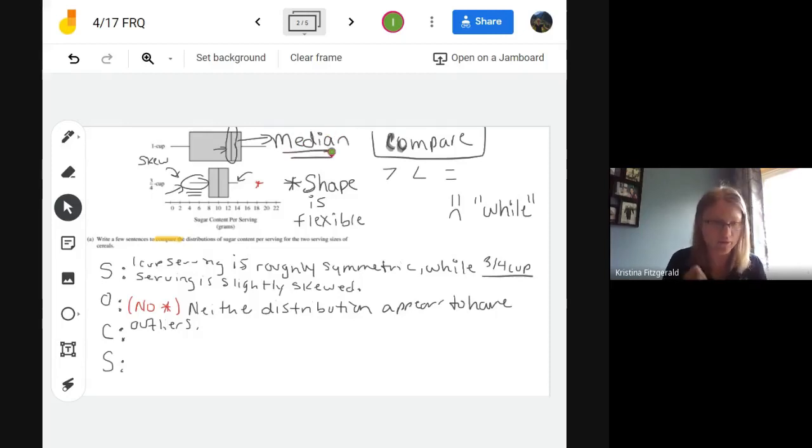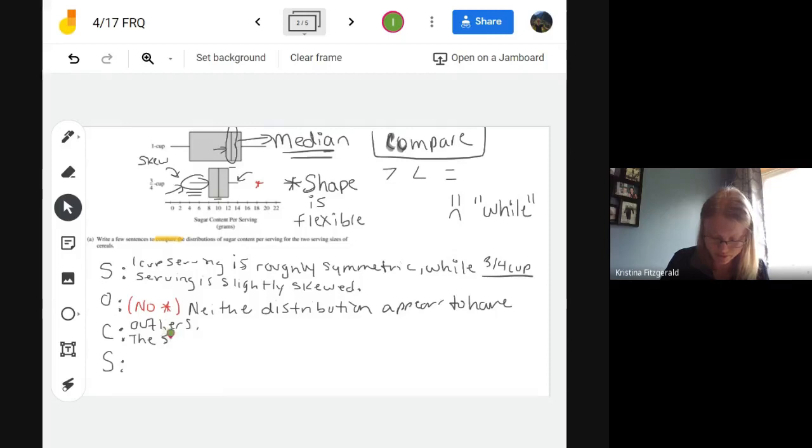Do not use the word mean, because mean is an average and I don't have all my data points here to know if I have an average. That's not a thing. So we just have to compare the two. We can see by the lines that the 1 cup serving sugar content is greater than the 3/4 cup as it's displayed here. We don't even need to put a number; as long as you have context and the comparison language, you're good.